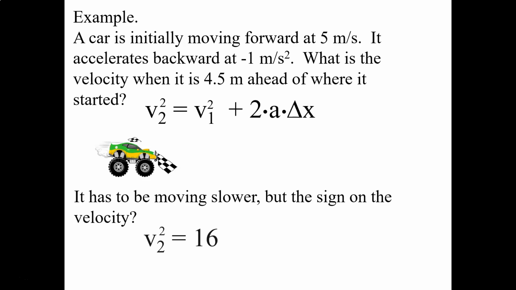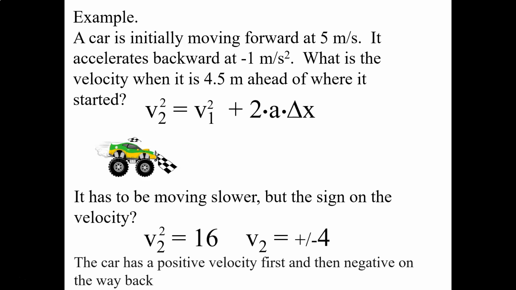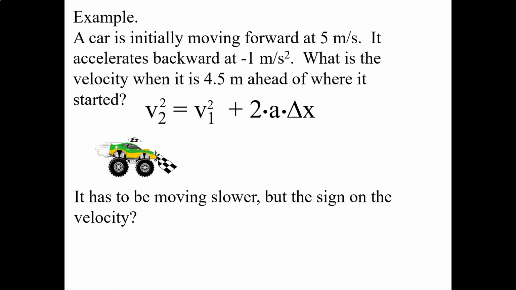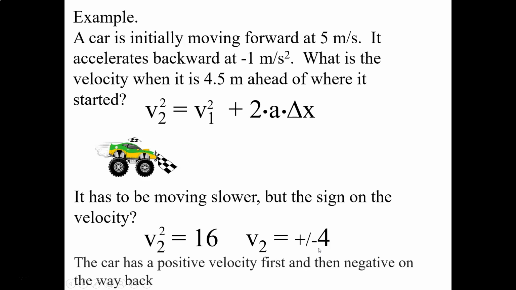There's a positive velocity and a negative velocity because it was moving forward on the way through, and then moving backwards on the way back. So when we solve this, we're going to get that our V2 squared is equal to 16. So our V2 could have been positive or negative, depending on which point we were looking at it.